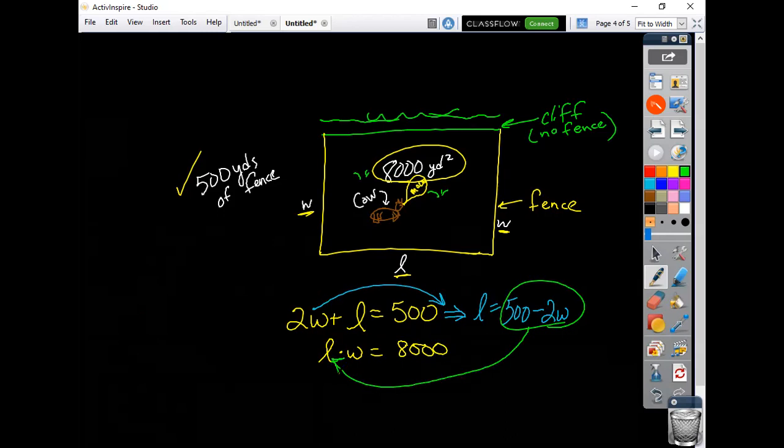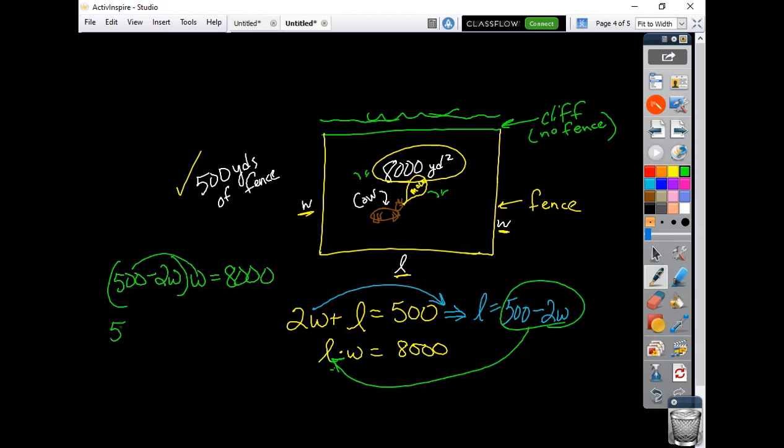You could use a different method if you want to try some other method, but my length, 500 minus the 2W from over here, goes in place of this length times my W, my width, and my area was supposed to be 8,000. Now I have one equation with one variable. I should be able to solve that.